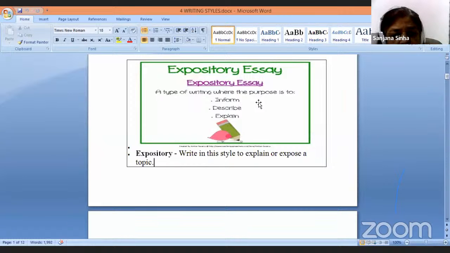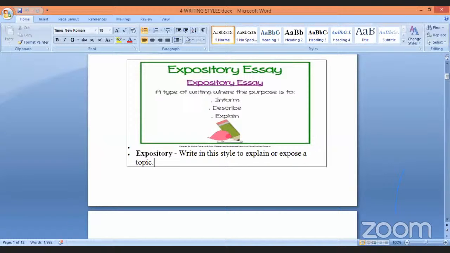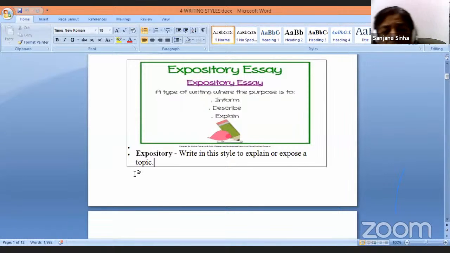So the definition is: expository writing style is to explain or expose a topic, to make aware, to give information. The primary purpose of an expository writing style is to inform, to describe, and to explain.